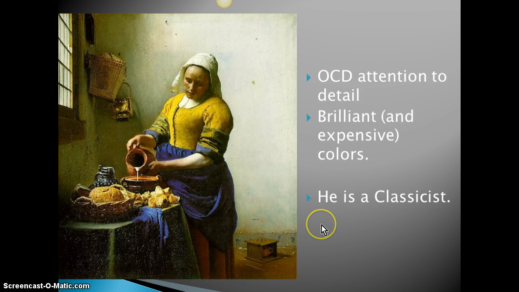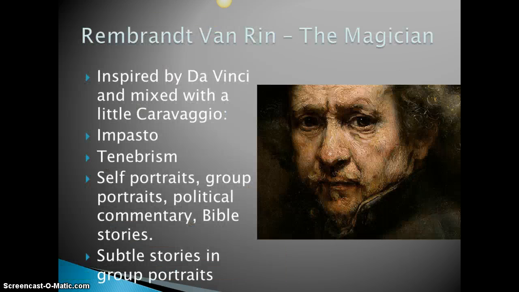We've actually seen 2 artists that do this so far. And yes, he is a classicist. Rembrandt van Rijn is the magician. He was the magician of light. He was inspired by Da Vinci and mixed with a little bit of Caravaggio. You will see tenebrism here. He also used impasto, like Velázquez did, with the heavy application of paint that you can still see the brushstrokes within.